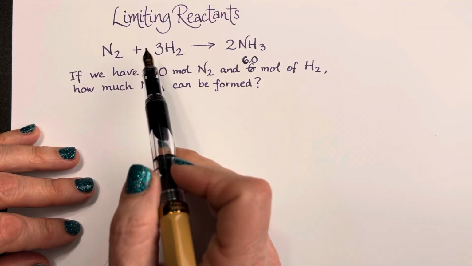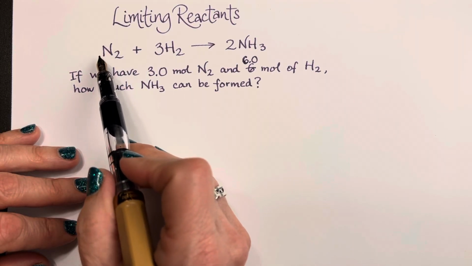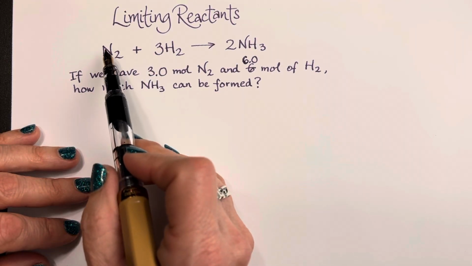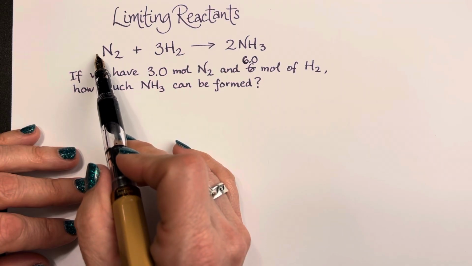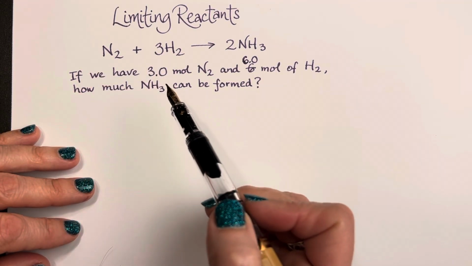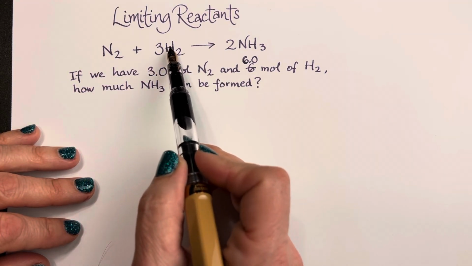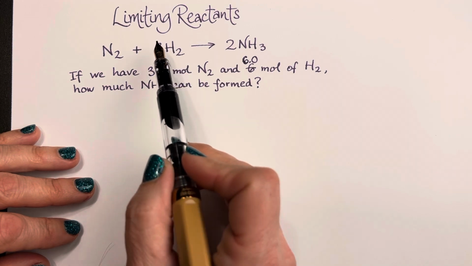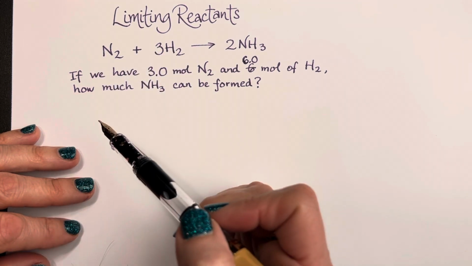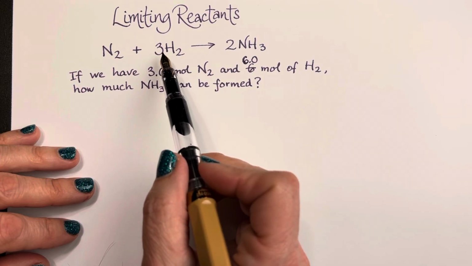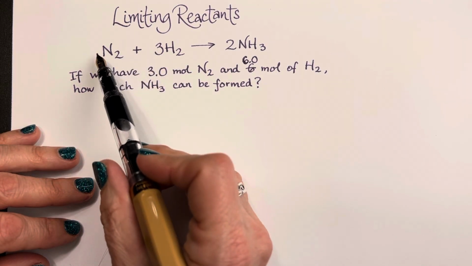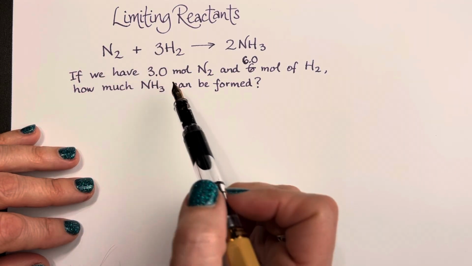We have 3 moles of nitrogen, but it's a 1:3 ratio. We have 6 moles of the hydrogen. It's a 3:1 ratio.